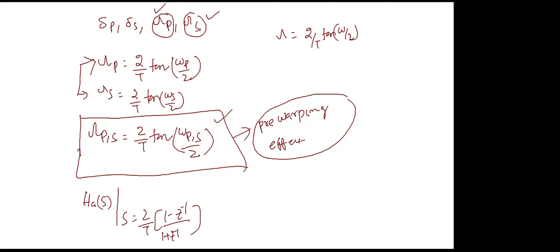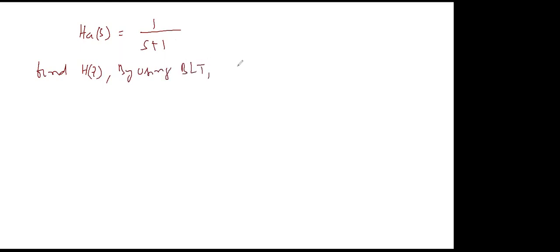Now I'll give you one simple problem. An analog transfer function is given, H of s equals 1 by (s plus 1). Find the digital filter transfer function H of z by using bilinear transformation for sampling period equal to 1.